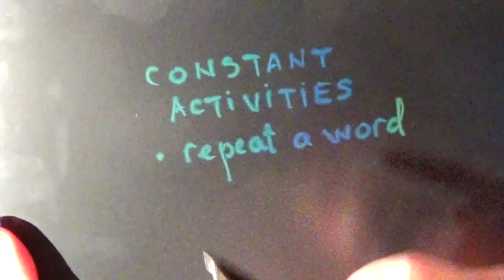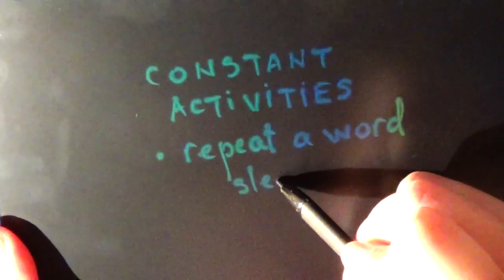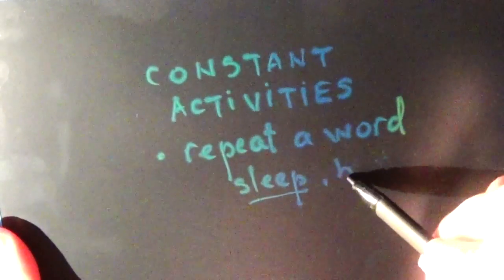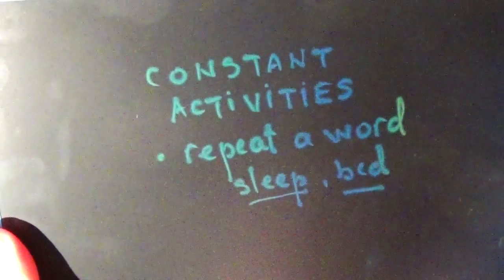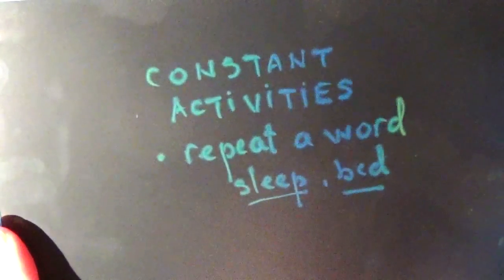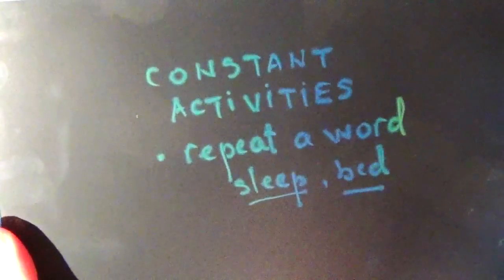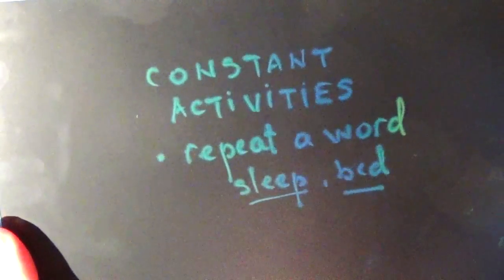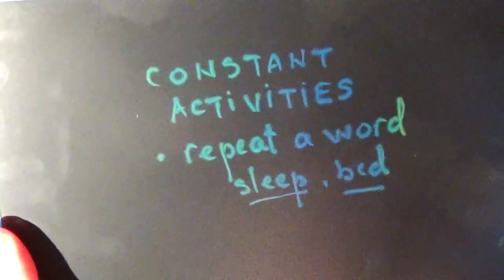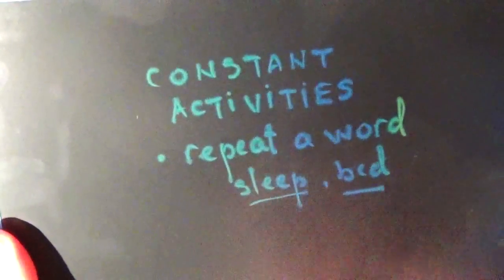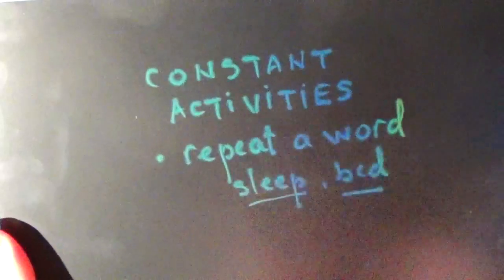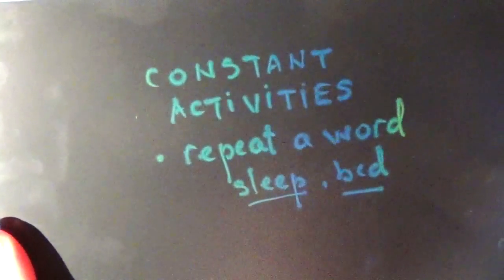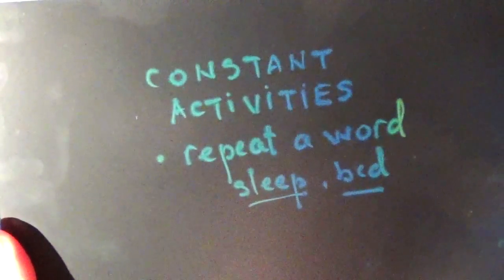For example, sleep or bed each time you go to bed. In time, the cat will learn to associate the sound of the word with your actions and will know exactly that you are going to bed, and it will anticipate your move and your behavior.